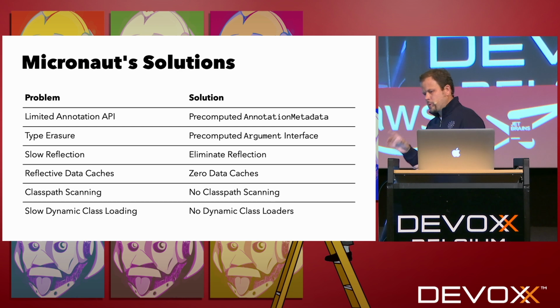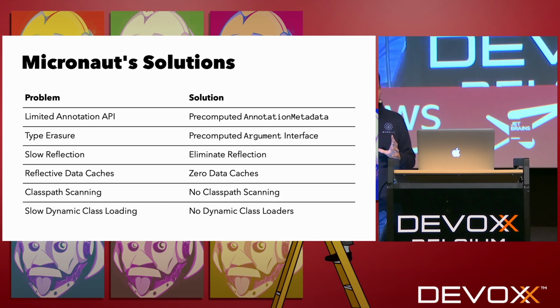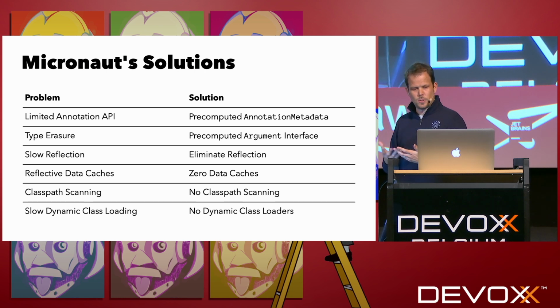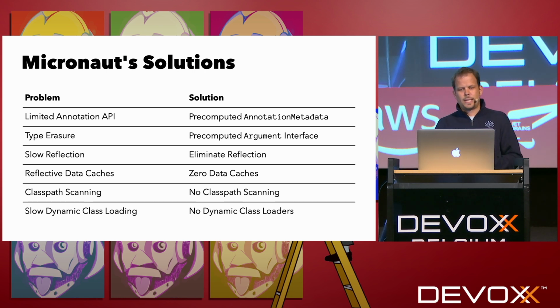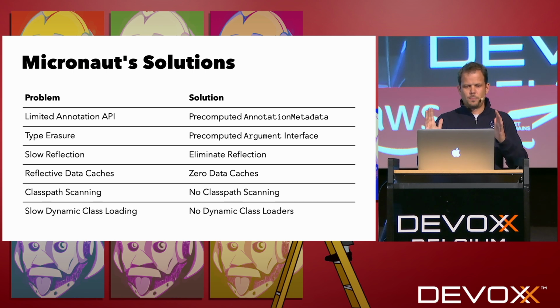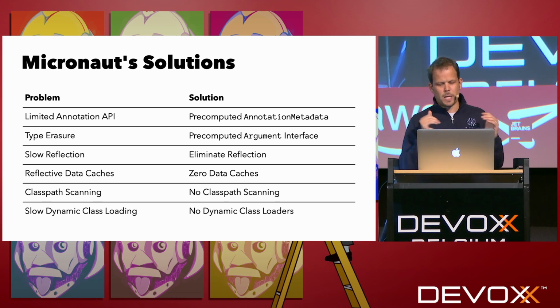So, in terms of those problems I talked about earlier, what solutions does Micronaut offer to those problems, and how does it implement those solutions? In terms of a limited annotation API, what Micronaut does is it pre-computes the annotation metadata at compilation time. Micronaut is all about moving your processing away from your runtime into your compiler.